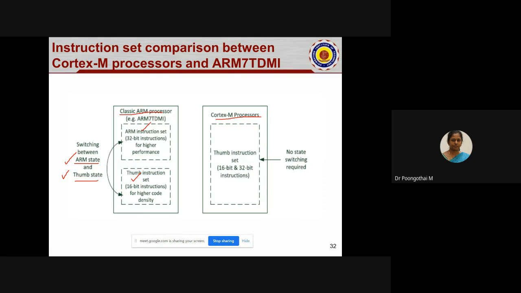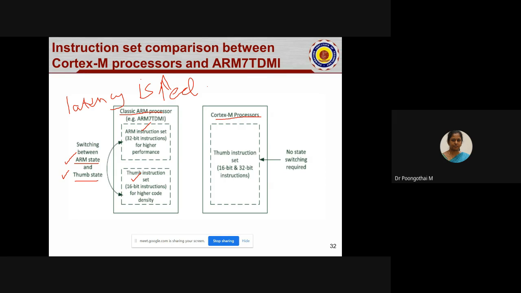Thumb state means it executes only 16-bit instructions. So switching is required very often from ARM state to Thumb state and back to ARM state. So the latency will be increased in the case of a conventional ARM processor. The performance is very low compared to the Cortex M processor.